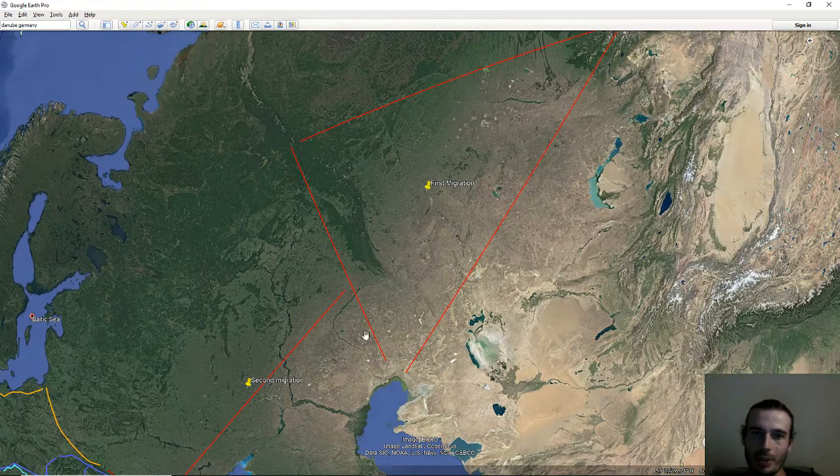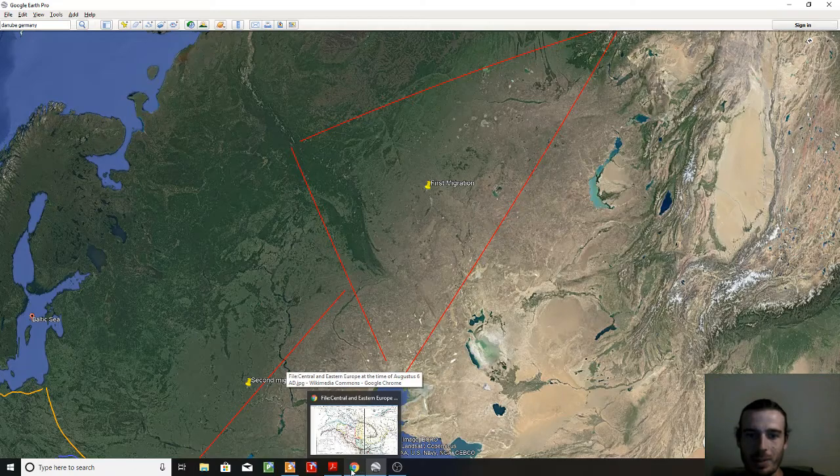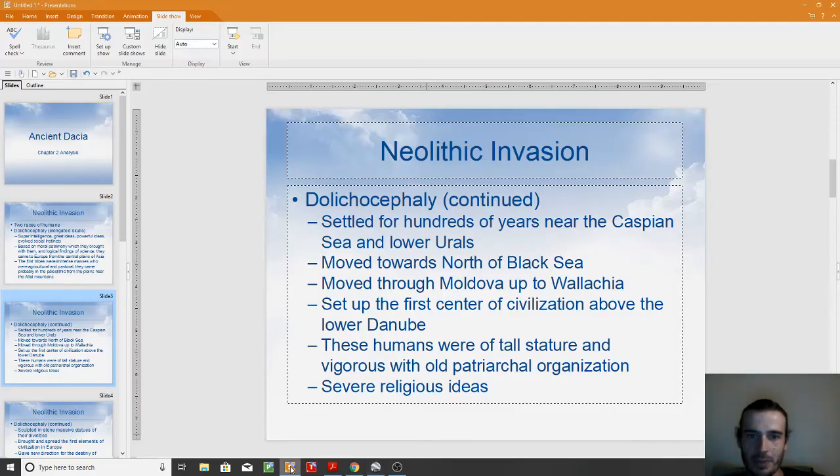So this corridor marks their first migration from the base of the Altai Mountains. I apologize, my laptop is a little bit slow because I have so many things open right now.